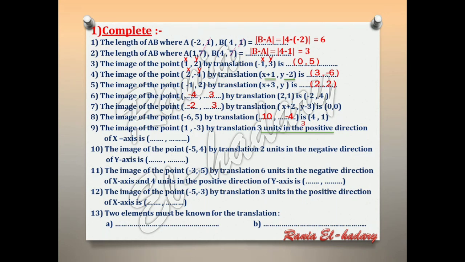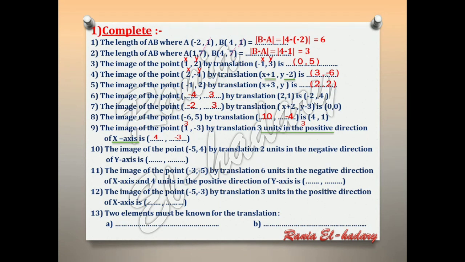Of x-axis or y-axis? The x-axis. So adding 3 to 1, because 1 is on the x-axis. So 3 plus 1 equals 4. And y is still the same number, negative 3.